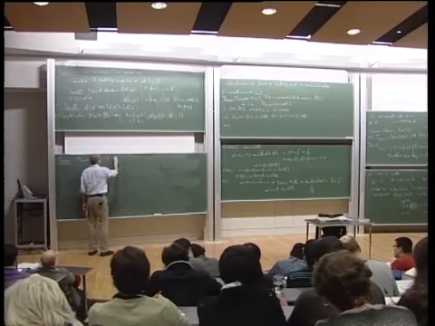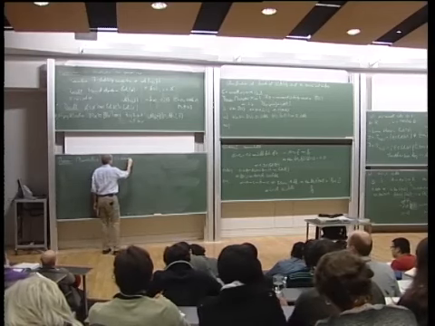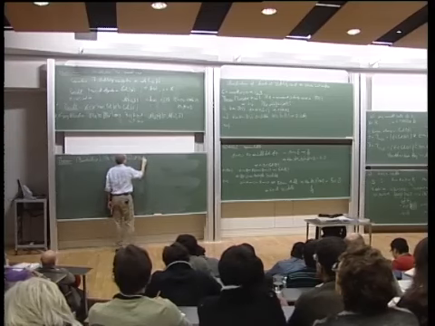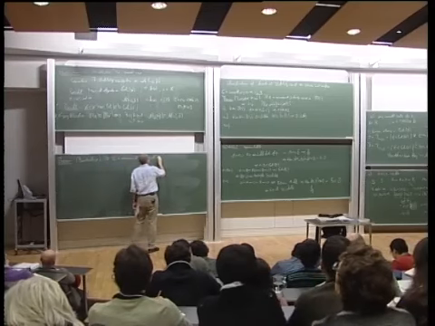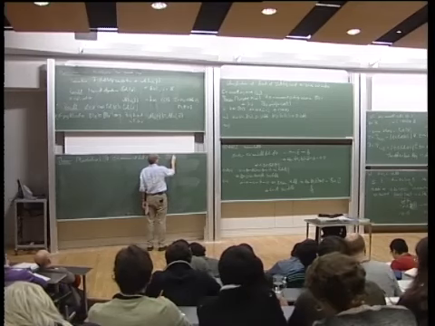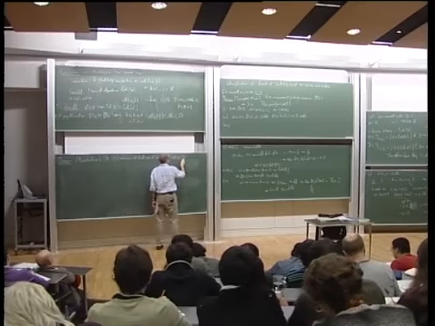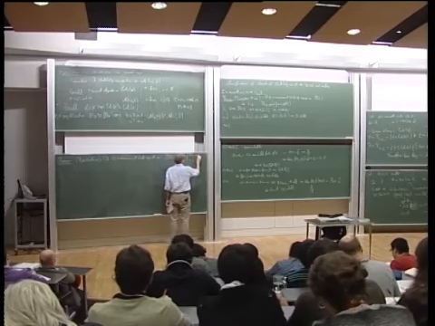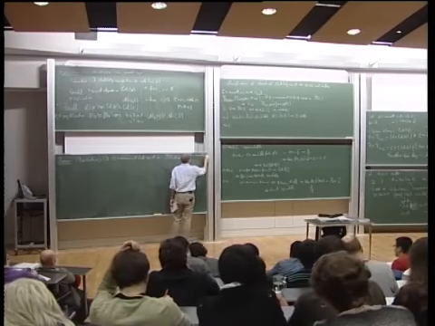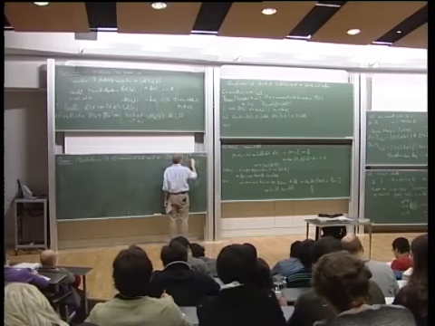If sigma is a numerical stability condition on D^b(Coh X), so X as before, a smooth projective variety or a compact complex manifold.